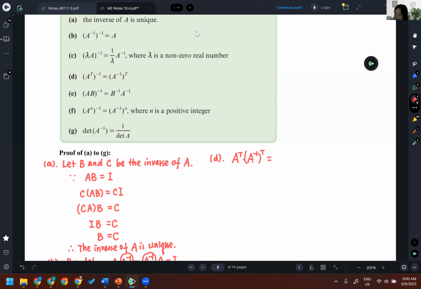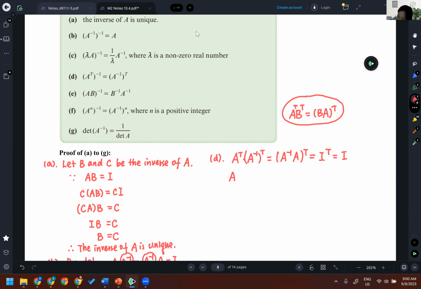In the past, we know that A B transpose equals B transpose A transpose, right? That's the one we're using. So A transpose times A inverse transpose equals A inverse A transpose. In this case, equals I transpose equals I. Now, how about I swap them?